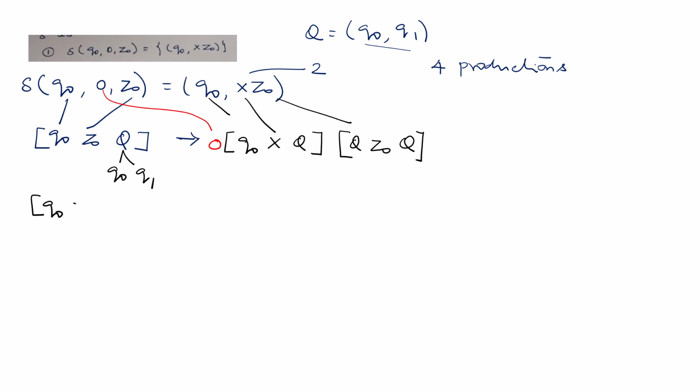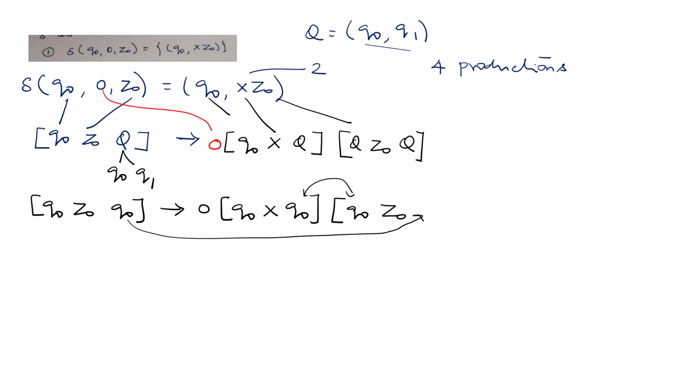So Q0, Z0, Q0 goes to 0, Q0, X, Q0, followed by Q0, Z0, and this one comes here, Q1.